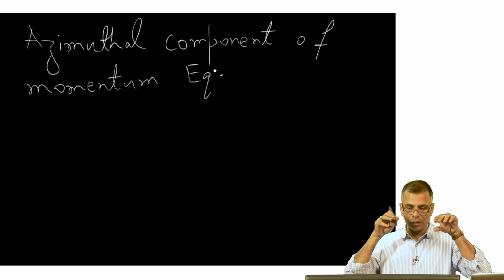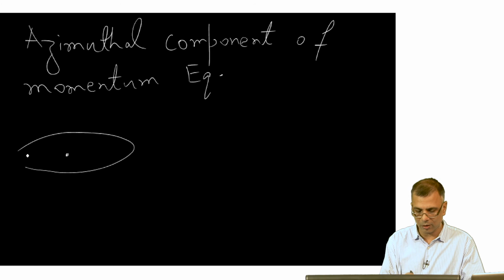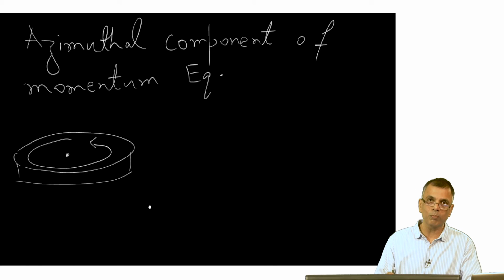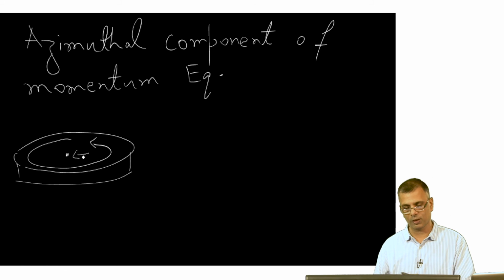So you have in one picture the central object here and an accretion disk here, which looks somewhat like this with a finite thickness. And matter is swirling round and round in a highly supersonic manner, and at the same time there is also a very slow inward drift.